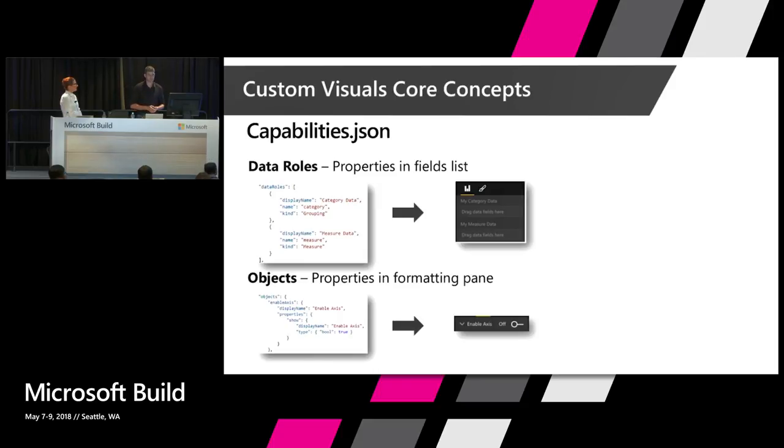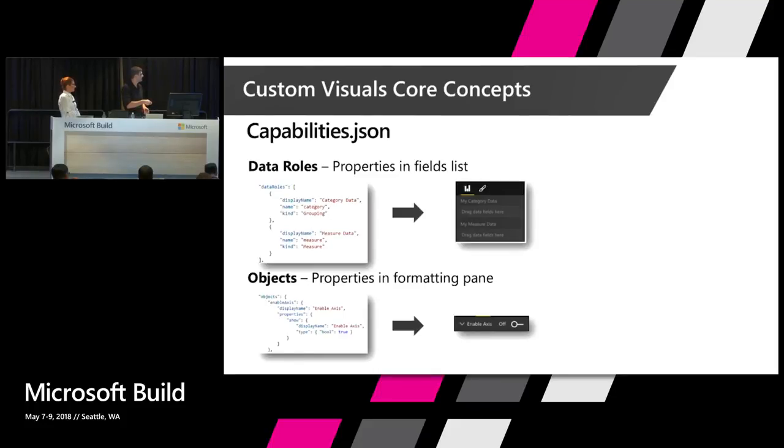One is the data roles. The data roles is basically what defines the property list that users will see in the field list, and will be able to select from their data into the data list. So you can define here the name, the category, and what kind it is, and this will show up in the visualization pane.